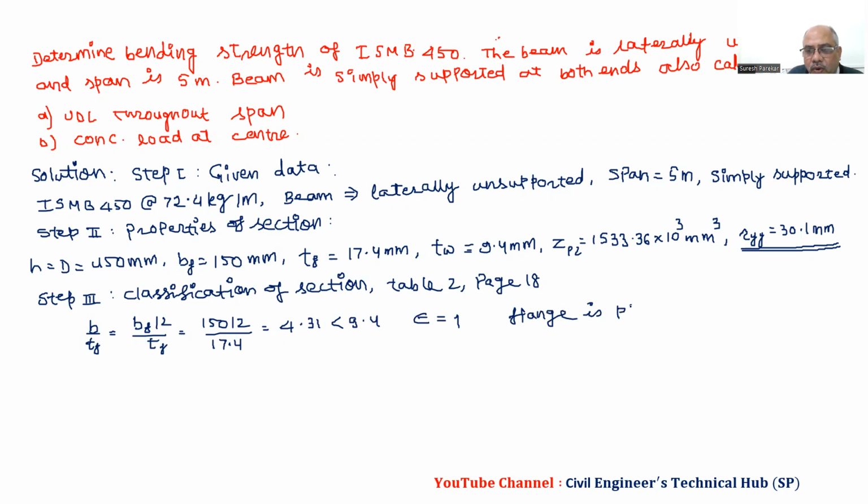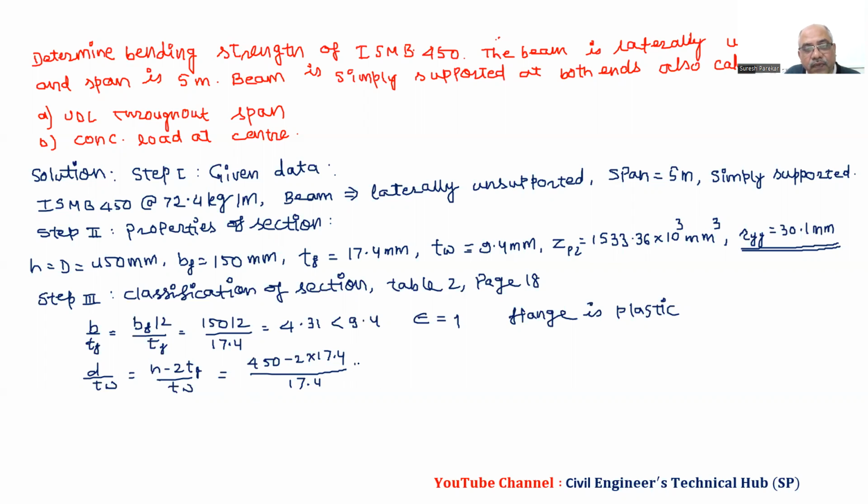Then we have to go for D by TW, which is again the same, H minus 2TF upon TW, which is 450 minus 2 into 17.4 divided by TW, which is 9.4.